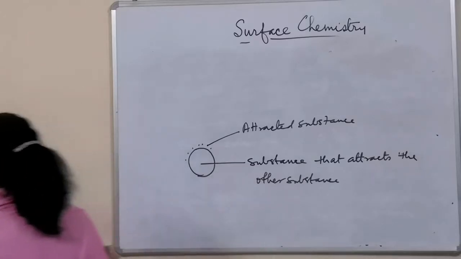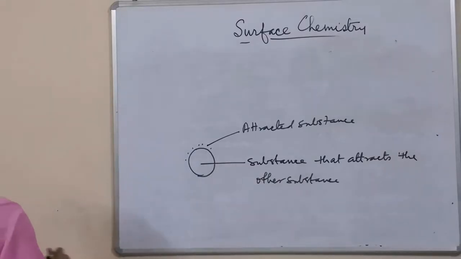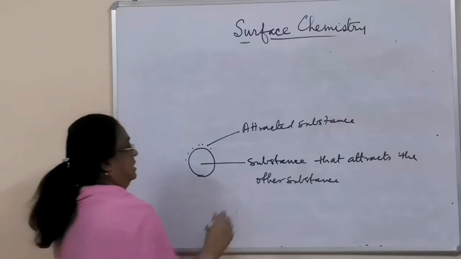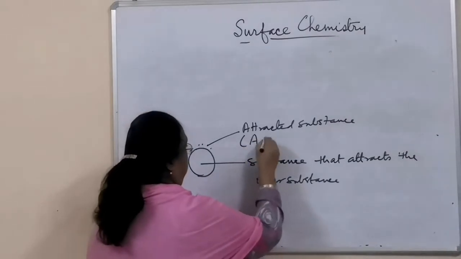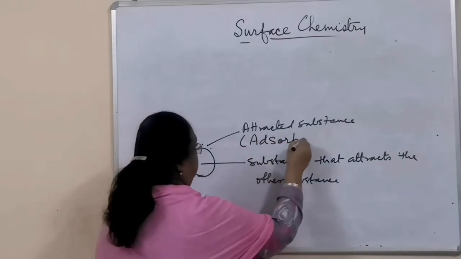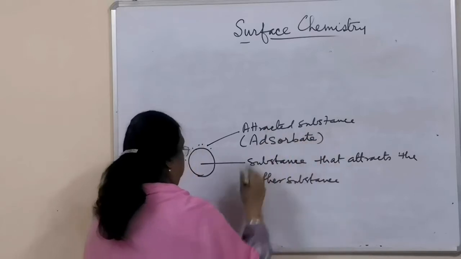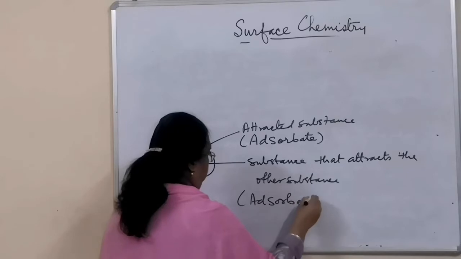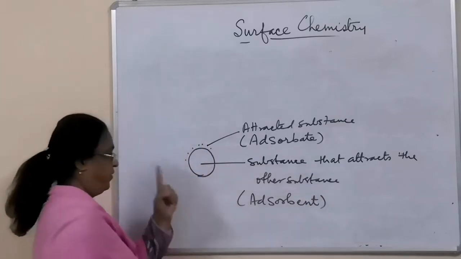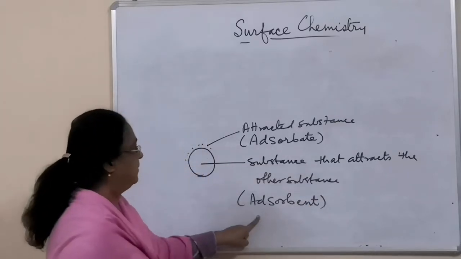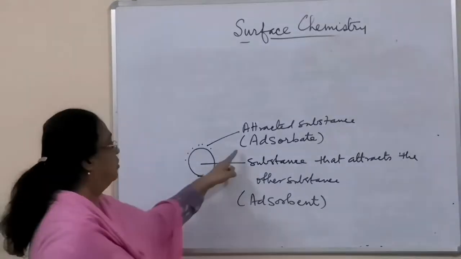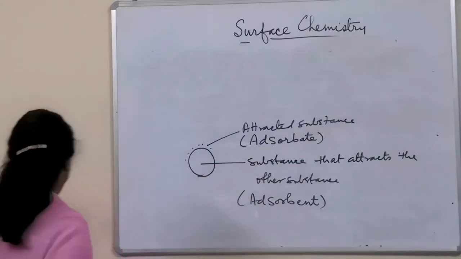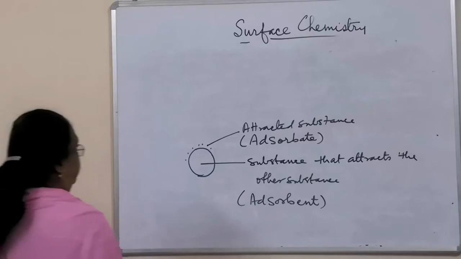The attracted substance is called the adsorbate, and the substance that attracts is called the adsorbent. So my finger is the adsorbent and the ink on it is the adsorbate. So it is a surface phenomenon.